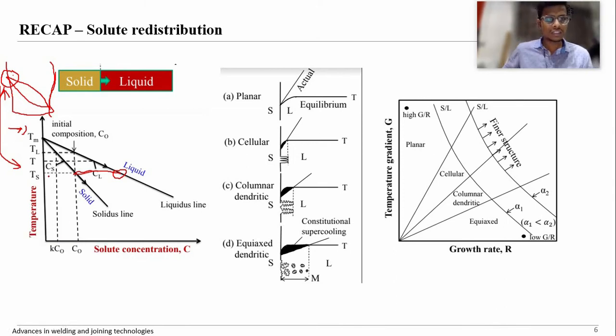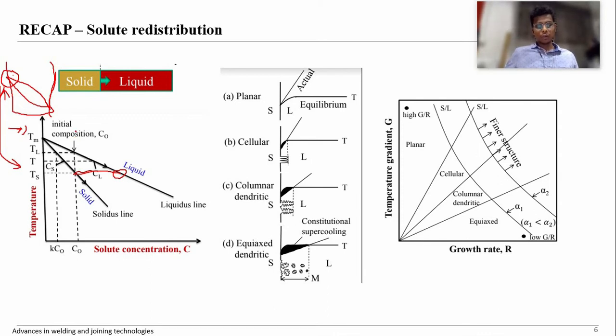So this linear portion is taken from this point and used for explanation. Suppose my initial composition of the alloy is C naught, and it is cooling down. This is the liquidus line, this is the solidus line.